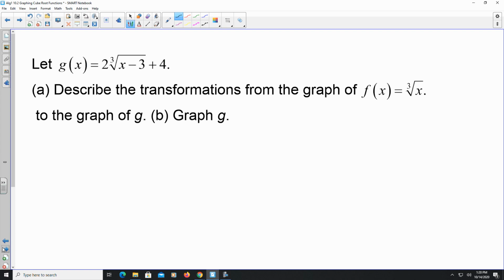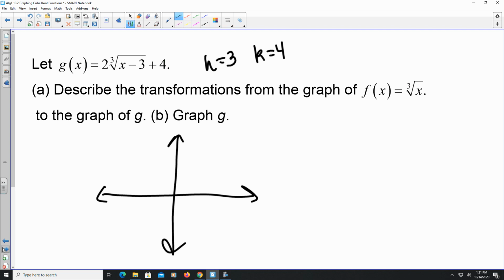With a graph like this, there's a bunch of values here, but really it's trying to figure out where your graph makes that change. In this case, h is 3 and k is 4. Looking at the cube root of x, it would look something like this.